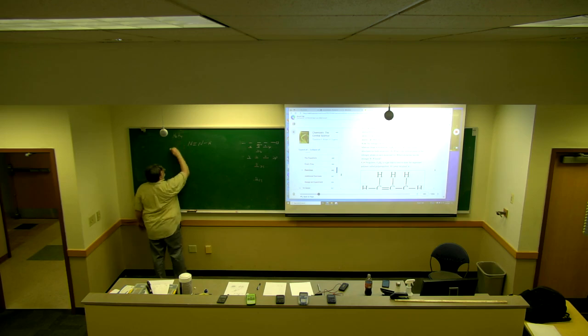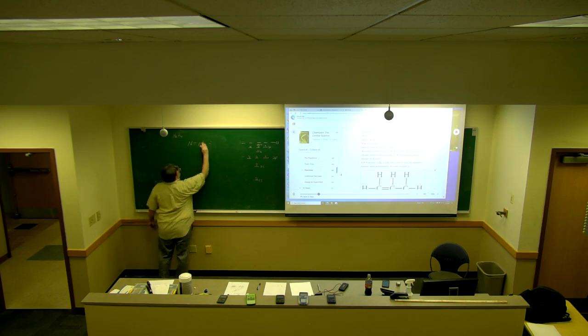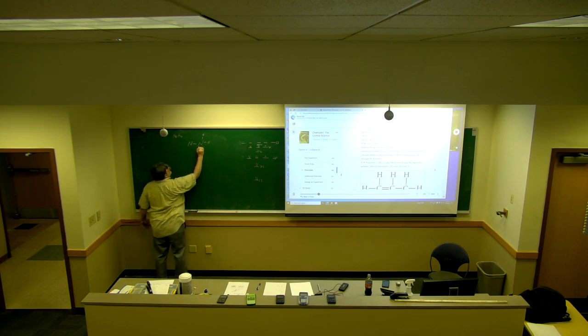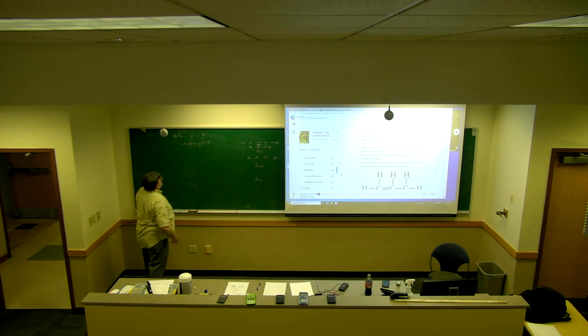Isn't it just a single bond over? I'll draw it like this. Now let's keep it like this. Single bond, pair. Okay, that's right. What's the hybridization around the ends?